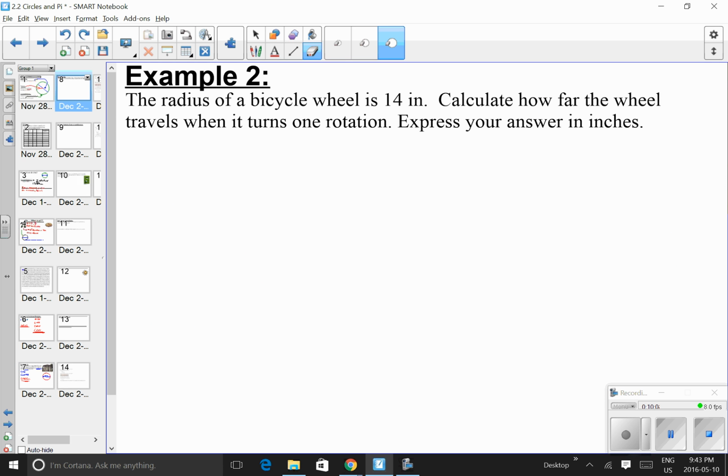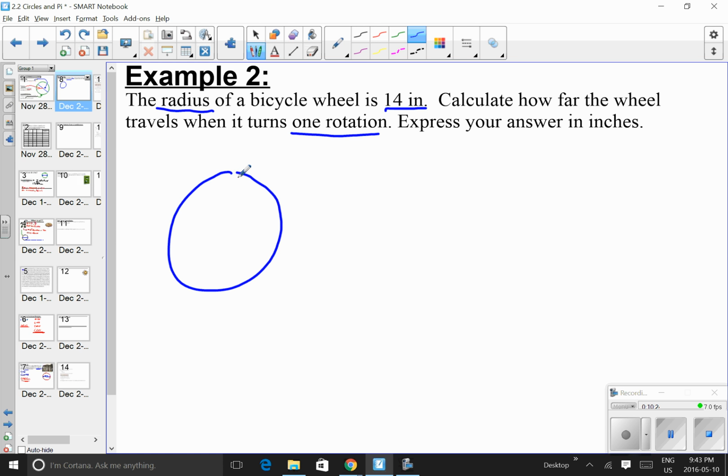The radius of a bicycle wheel is 14 inches. And that's the radius. Calculate how far the wheel travels when it turns one rotation. That's the same thing. When a wheel travels one full rotation, so this is my wheel, it's the same thing as if you were traveling around the circle.